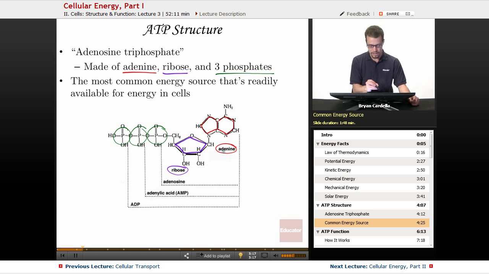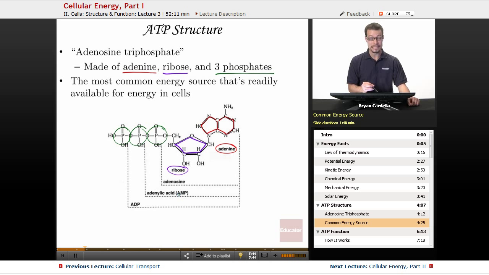So adenosine triphosphate. They have all these labels in this particular diagram because they're telling you, just this part, if we ignore those three, is the adenosine. If we also include this one phosphate, it's known as AMP, adenosine monophosphate, also known as adenylic acid. AMP actually has a lot to do with signaling inside of cells.